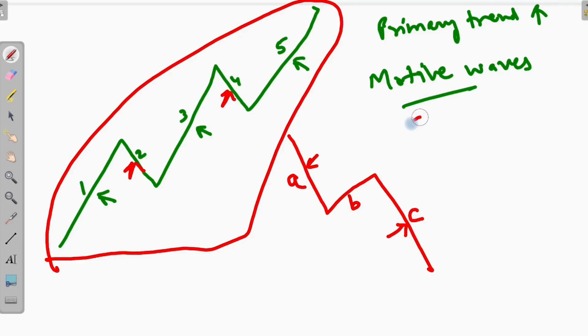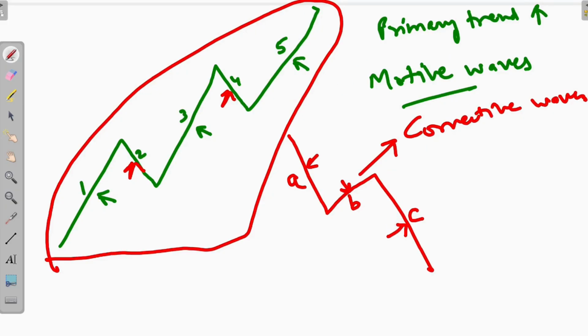Hence, these are corrective waves. And when we talk about the ABC correction, A and C are in the primary trend direction, which is downward in this case, and B is on the upside, which is a counter trend move. So this one is also a corrective wave.